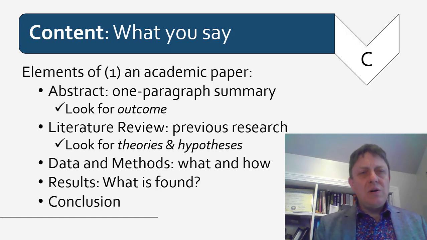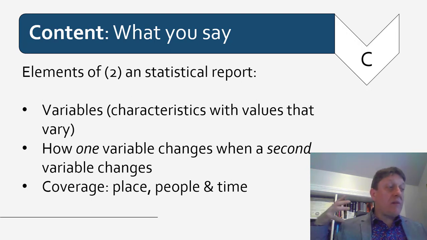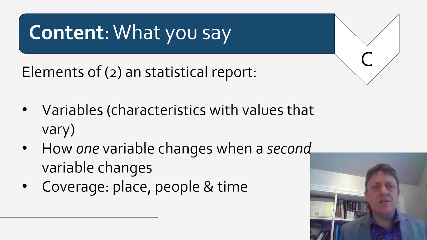So, in the second piece, which is going to include some kind of statistical report, either in the findings of an academic paper that you describe, or in reference to perhaps some government statistics, you're going to be describing variables.